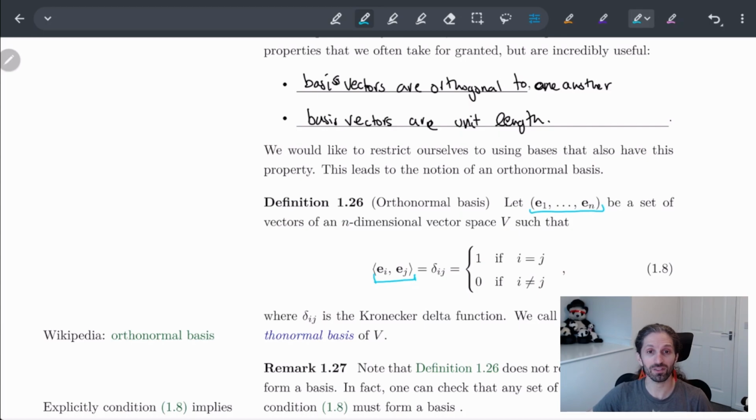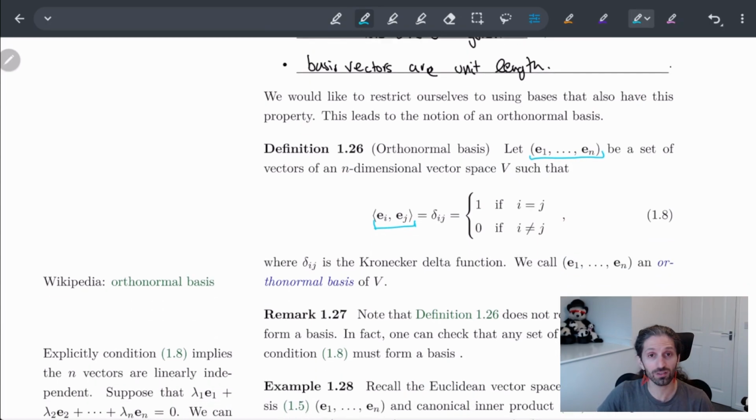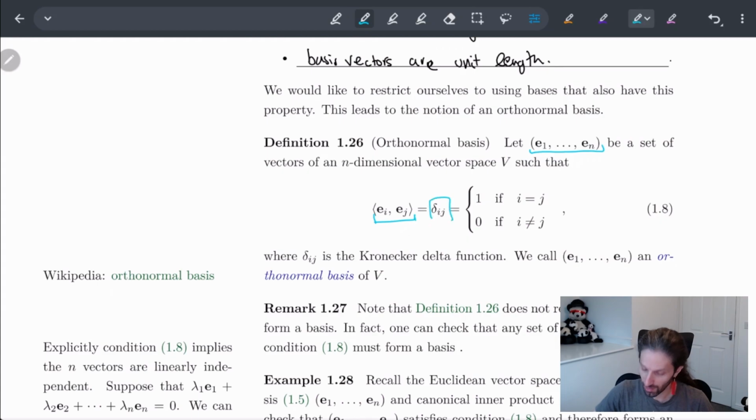Whenever I take any two basis vectors and take their inner product, I get what's called the Kronecker delta. The Kronecker delta says if i is equal to j, then we get 1, and if i is not equal to j, then we get 0. So it's either 1 or 0.